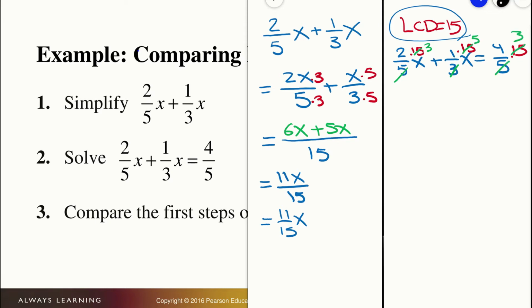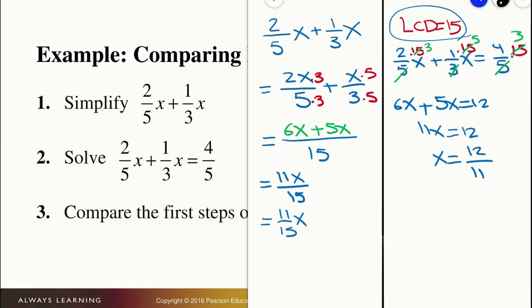So now for the first term, we get 2 times 3 times x, which is 6x, plus here we have 1 times 5 times x, which is 5x, equals, on the other side we have 4 times 3, which is 12. So we get 11x equals 12. So x equals 12 over 11.